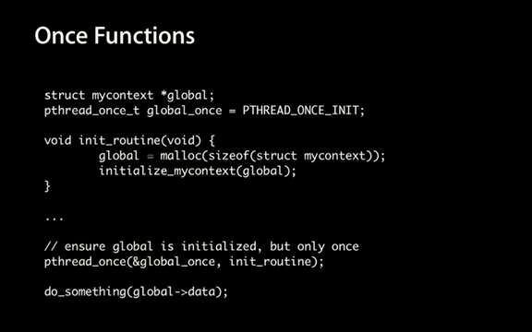It will do the initialization. In this case, it's a malloc and some kind of library init routine. And then somewhere later on in your code, perhaps in different places, there is a call to pthread_once. And that takes the address of our predicate, the pthread_once variable, and the routine, which is probably declared far away in the file somewhere. And then you can do something with that data after we know that it's been lazily initialized.